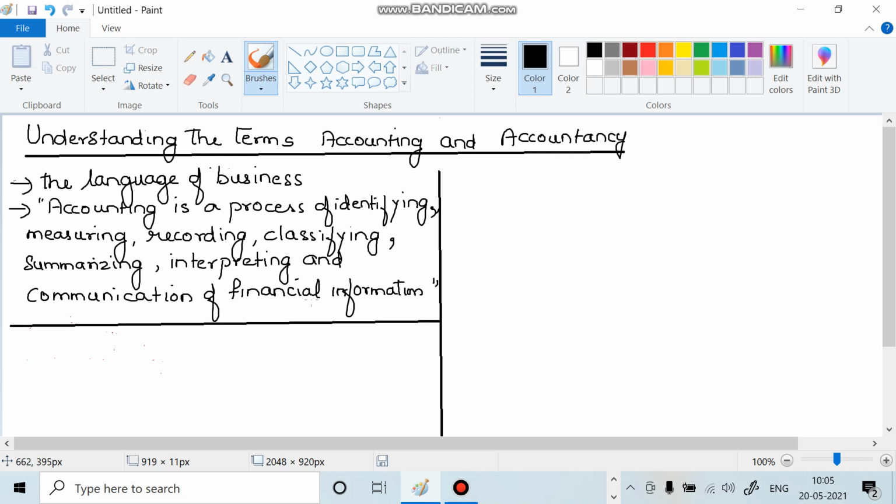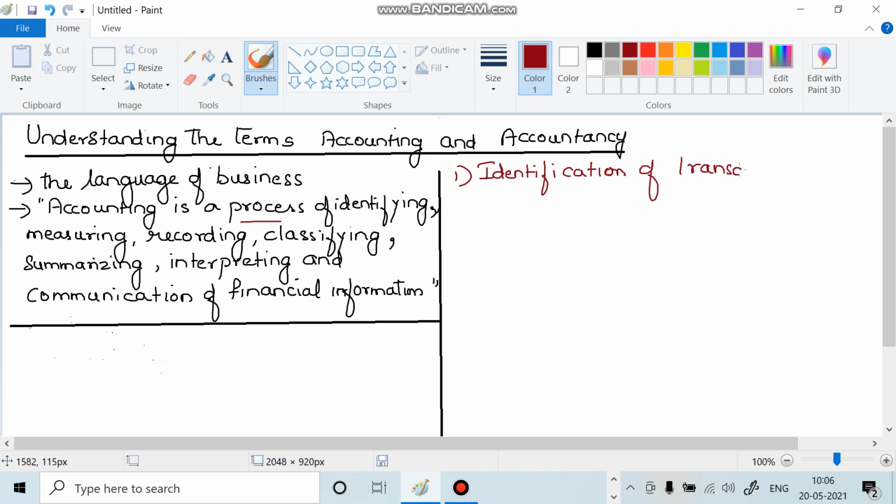Now, without going into the definition, we'll just understand the entire term accounting, what it involves. Accounting is basically a process. It is not just a single step. It involves several steps. For accounting to be done, the first step that we have is the identification of transactions and events.